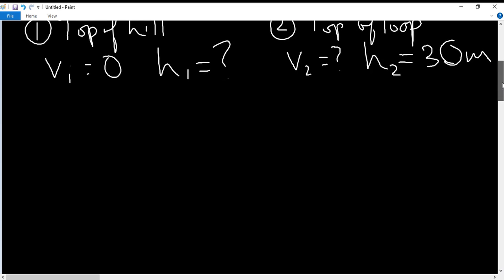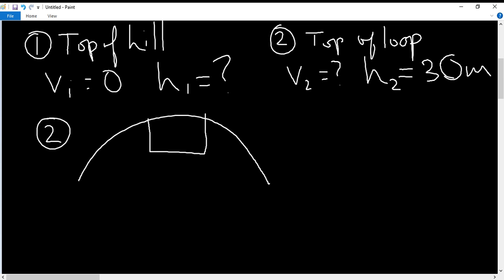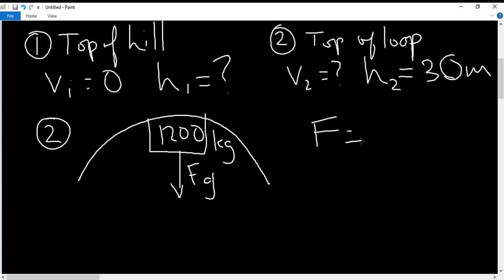So let's also draw a free body diagram of the top of the loop, because this is going to be the most important part for the cart to get through. So that's our top of the loop. Here's the cart going upside down. Still 1,200 kilograms, that's our mass. And we've got the force of gravity going this way. And we know from Newton's second law, force is equal to mass times acceleration, right?